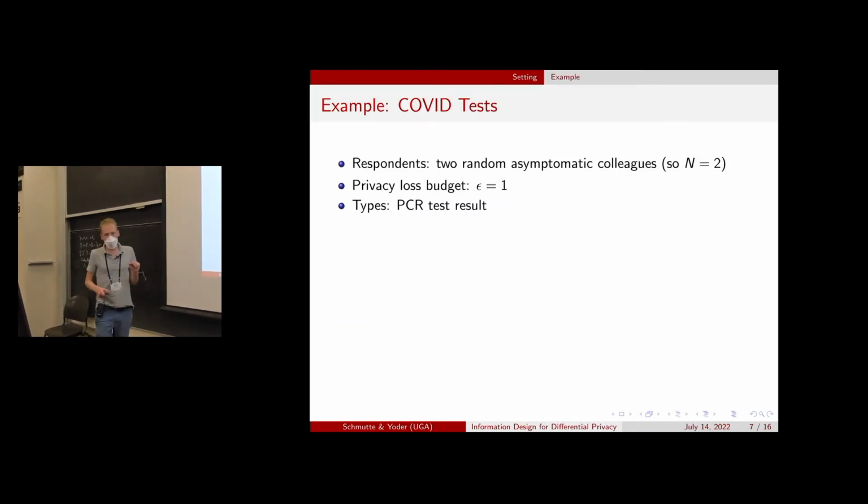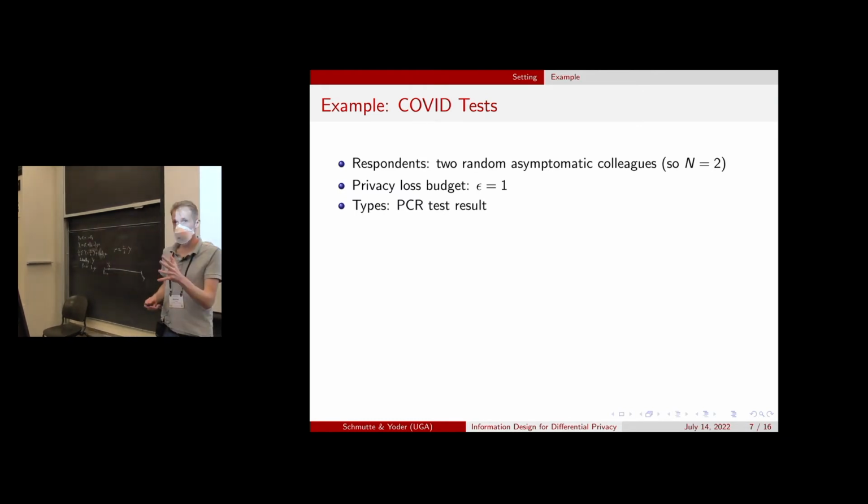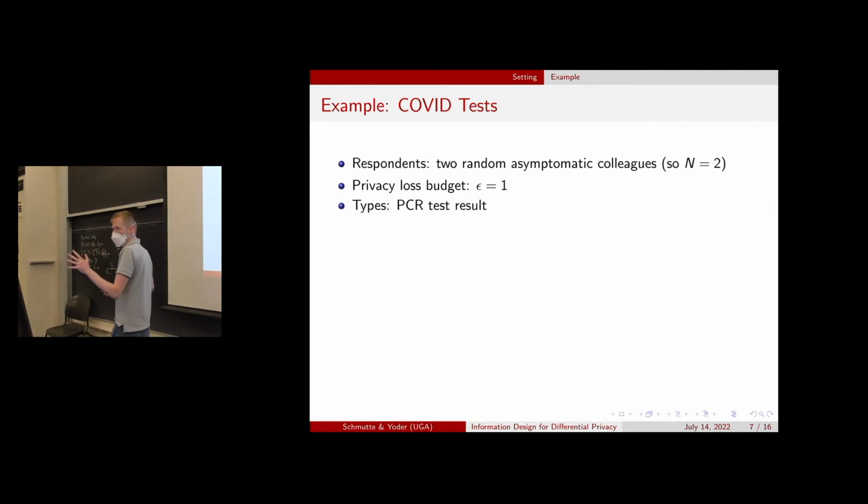Now, to make this a little bit more concrete, I want to consider an example. Suppose a university has tested 2 random members of its economics department for COVID. So the number of respondents, or n, is 2. And their types represent their test results. So they're type 1 if they have COVID, and 0 if they don't.